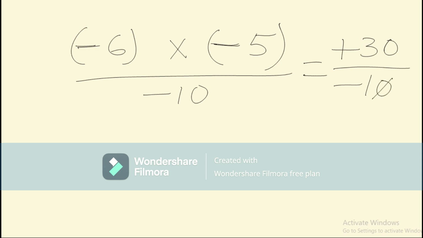Of course, like I said, you can easily remove the 0. Positive divided by negative gives us overall negative. Then 3 divided by 1, 3. So the answer here is negative 3.